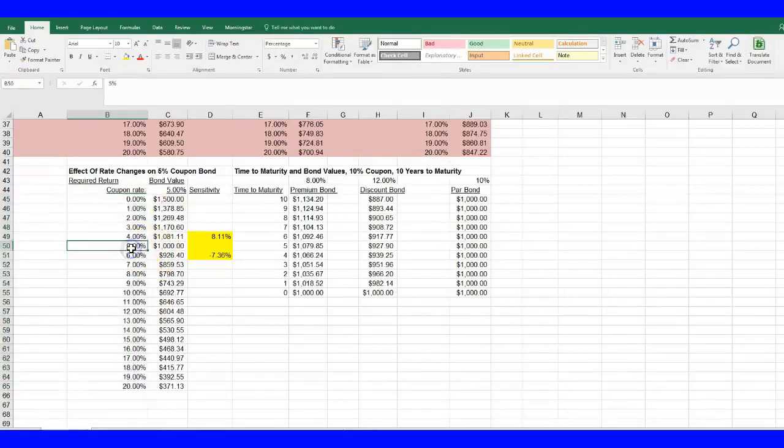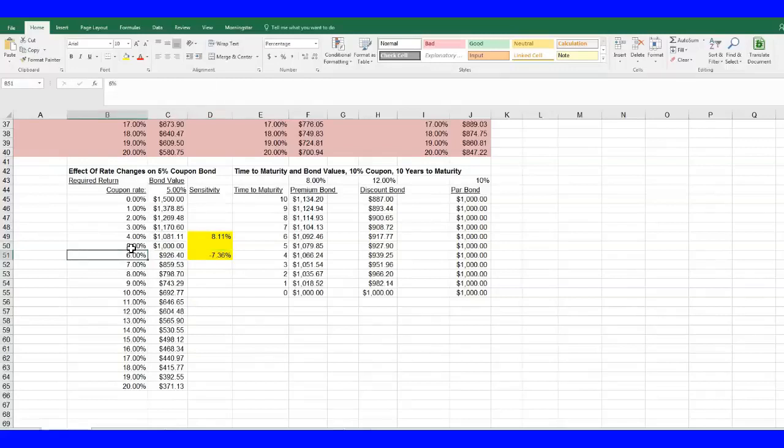If our required rate of return is exactly equal to the coupon rate, 5%, we have a par value bond trading at $1,000. But if interest rates fall 1%, our 5% coupon bond increases to a value of $1,081, or an increase of 8.11%.